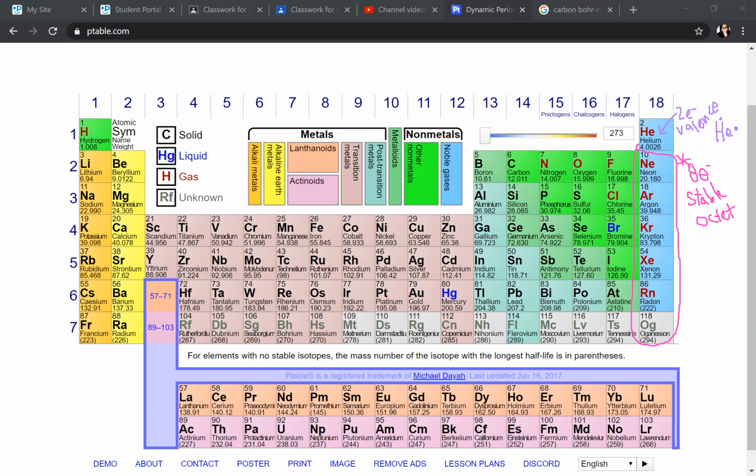Let me also erase this annotation from the side, just so we don't get distracted. Okay. And I'm just going to, whoops.